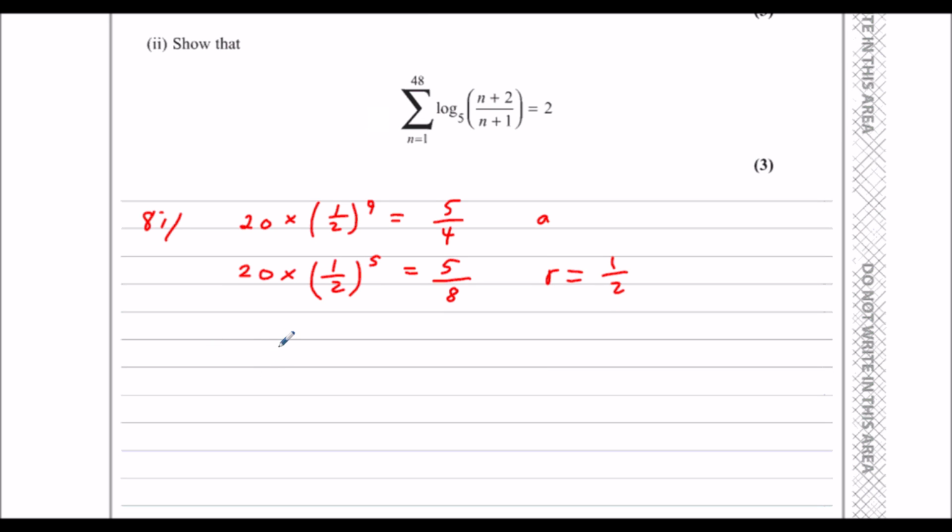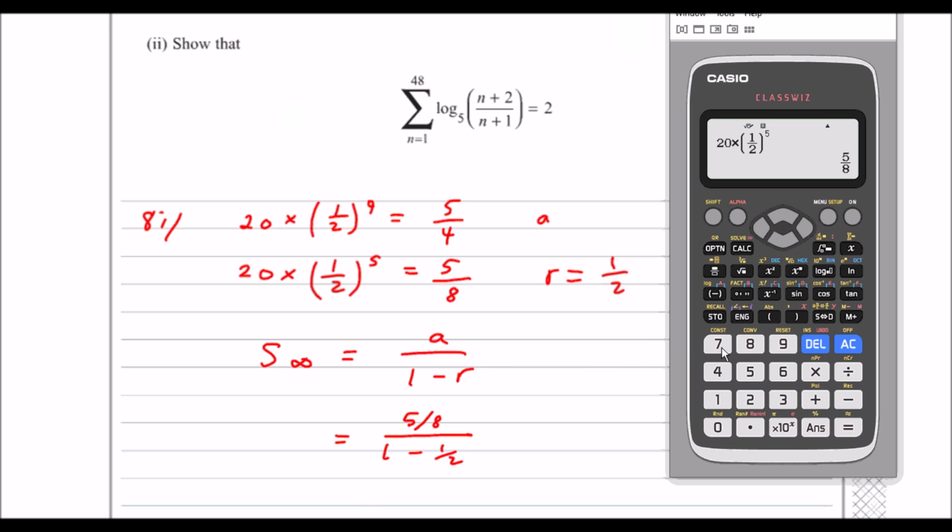So the sum to infinity is A over 1 minus R. So it's going to be 5/8 over 1 minus a half. So let's type that in the calculator.